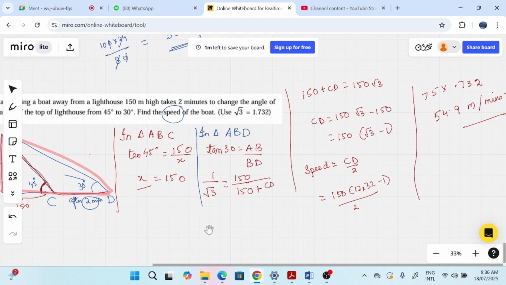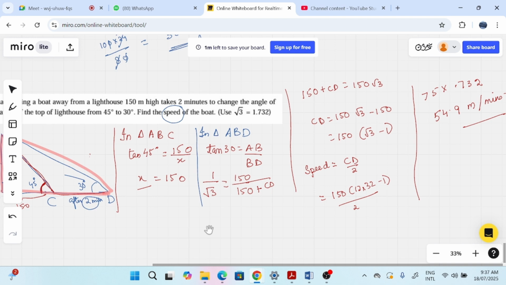I thought meter per second is not there. Meter per minute is there and kilometer per hour. Meter per second is also there, but see, if you write the answer, it's not wrong.